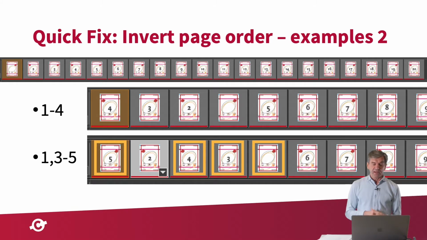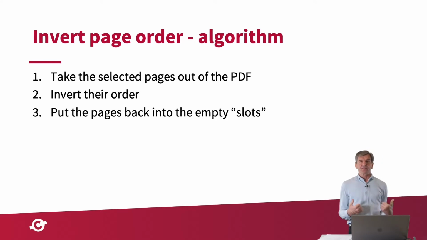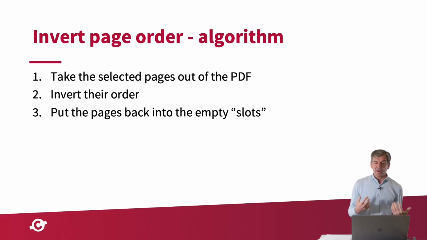So I have selected 1, 3, 4, and 5, and then 5 would go where page 1 was before, and so forth. So the algorithm behind it is: it takes the selected pages out of the PDF file, inverts their order, and then puts them back into the empty slots, where these pages have been before.